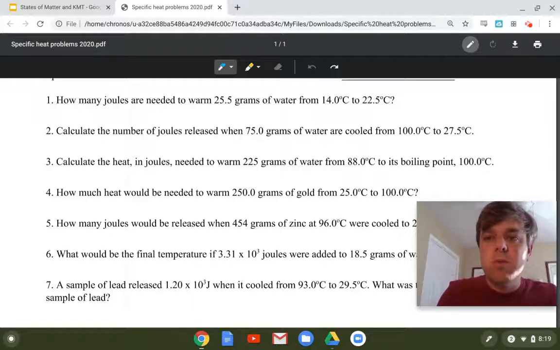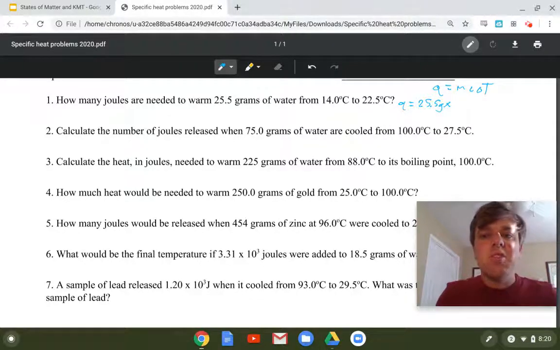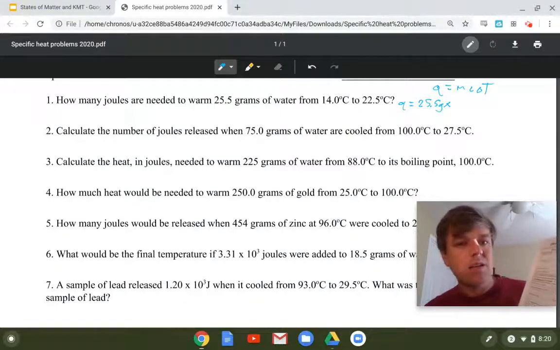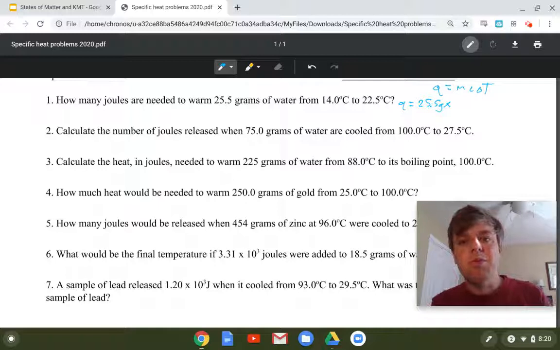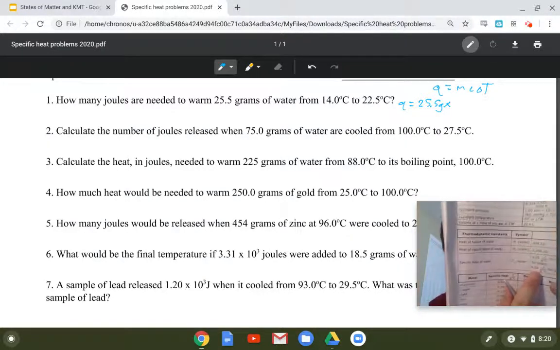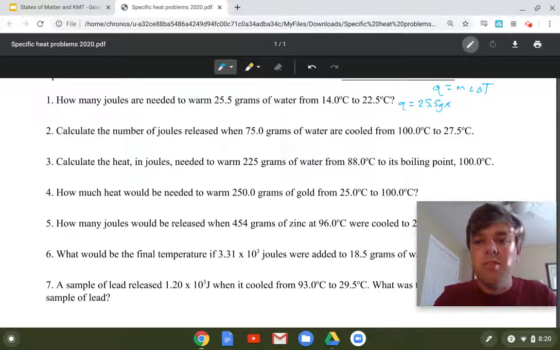So the formula we're working with says Q equals MC delta T, and we're solving for joules. So Q equals, our mass is 25.5 grams. The specific heat constant for water, between 0 and 100 degrees Celsius where water is a liquid, is 4.18 joules per gram degree Celsius.